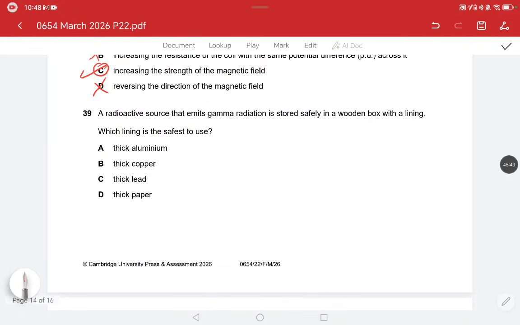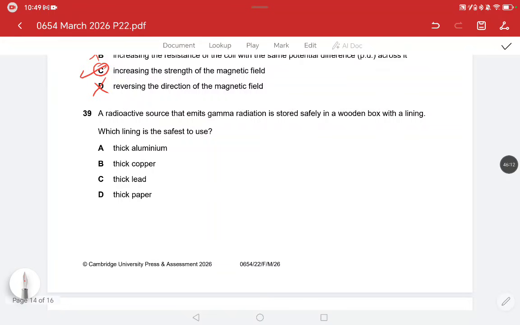Now, 39. A radioactive source that emits gamma radiation is stored safely in a wooden box with a lining. Which lining is the safest to use? This leads us to something you have to revise very well. In radiation, you have alpha, beta, and gamma. Alpha can be stopped by a few centimeters of air or very thin paper.